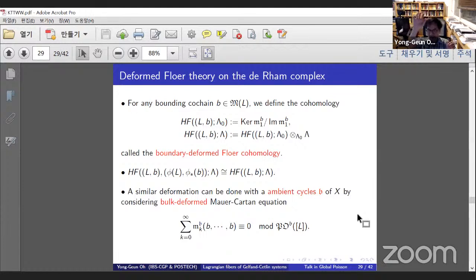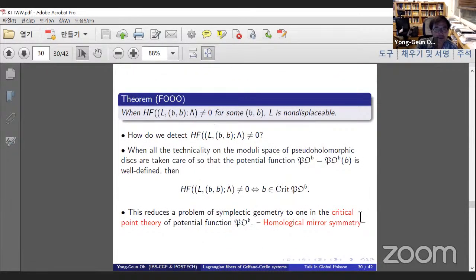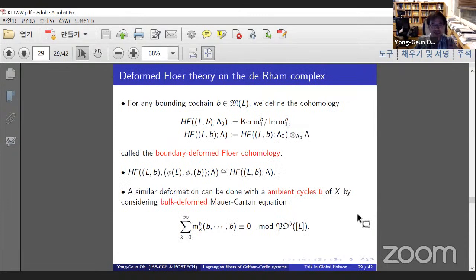Each ambient cycle deforms this whole A-infinity structure of the symplectic manifold, and that provides the deformed Maurer-Cartan equation I wrote here. So the point is that we can deform this Floer cohomology in two different ways. One is using boundary cycles, and the other is using the bulk cycles. So this is the famous boundary-bulk correspondence in physics.